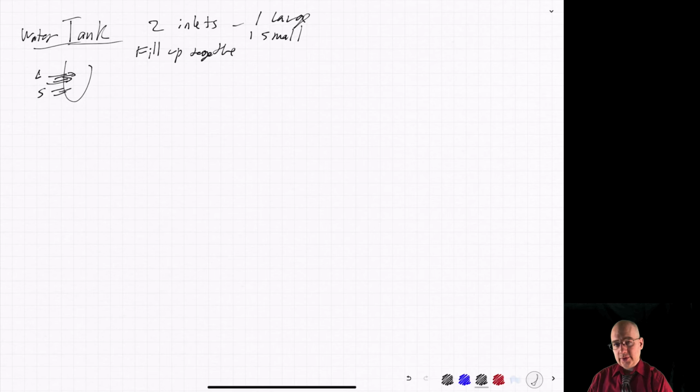The large is filling up the tank a lot, and the small is filling up a little. And they're just tumbling in.